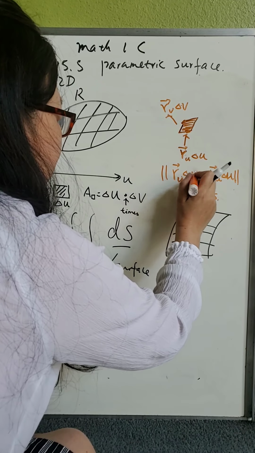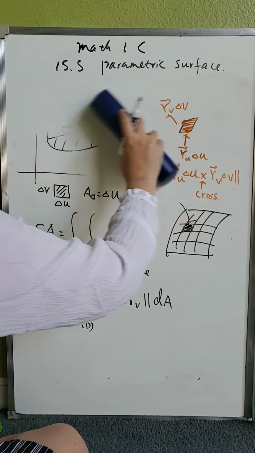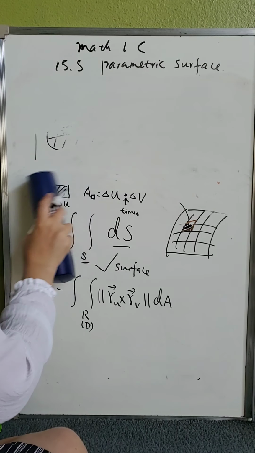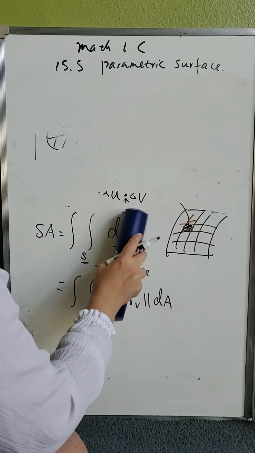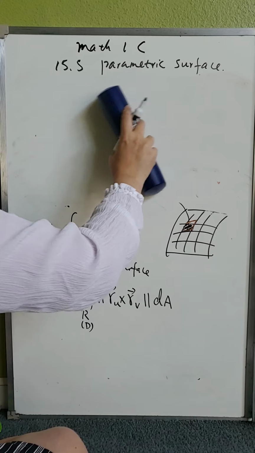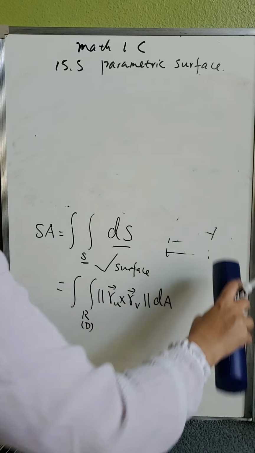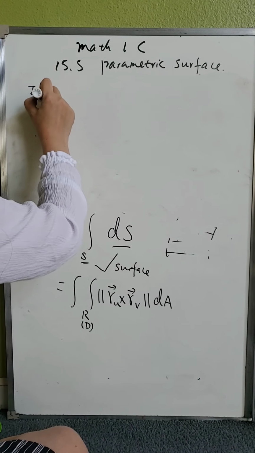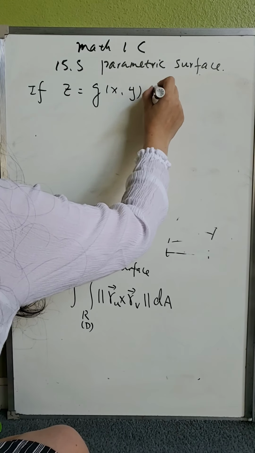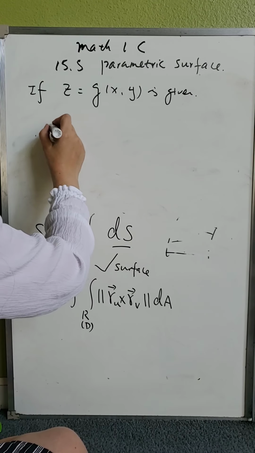What happens if G is given to you? This is a formula for surface area. Okay, if G is given, then you just use the formula from before, okay?